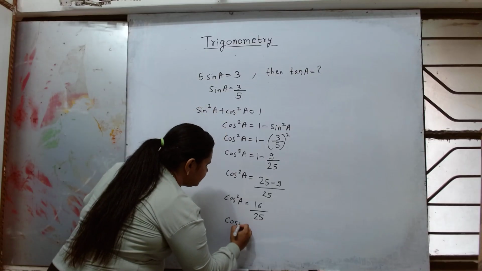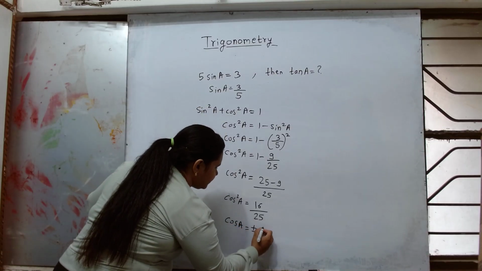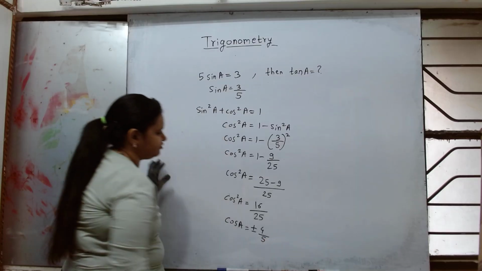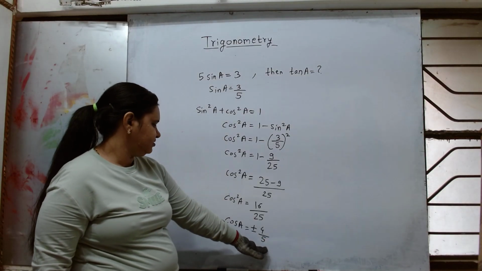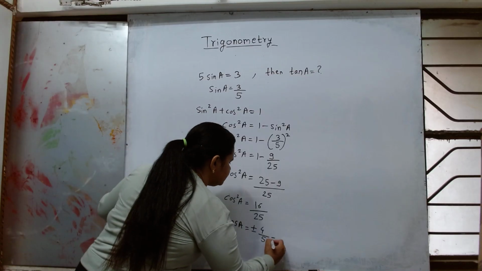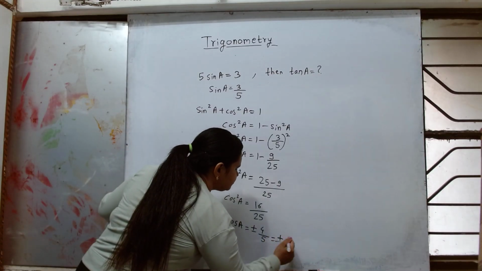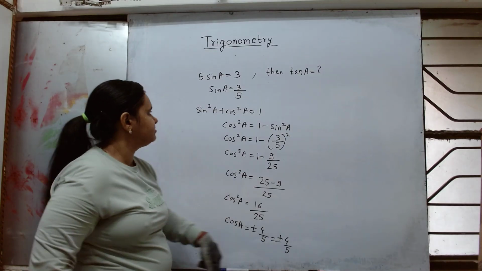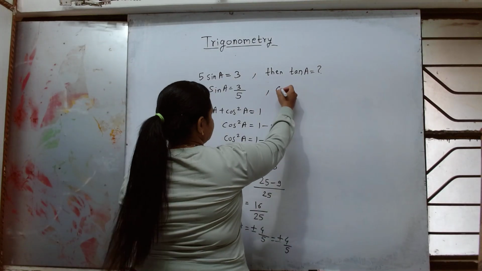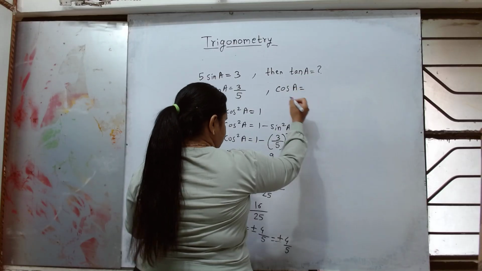So cos A will be plus minus 4 upon 5. We are considering angle, so it will be plus 4 by 5 only. So I can write here cos A equals to 4 by 5.